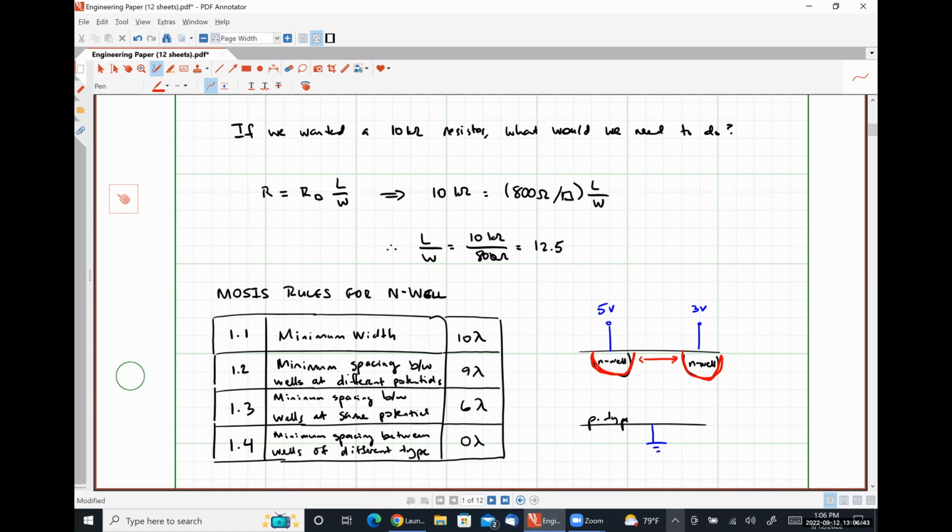So if we allow those two N wells of different potentials to be too close to each other, we accidentally form parasitic transistors in our transistor device, which can be a bit problematic at times. There are some circuits that intentionally implement those parasitic BJTs because the CMOS process does not inherently have the capability to create a BJT, okay?